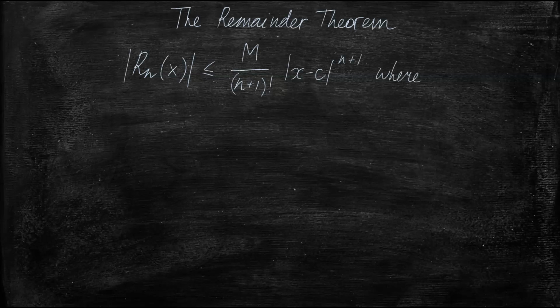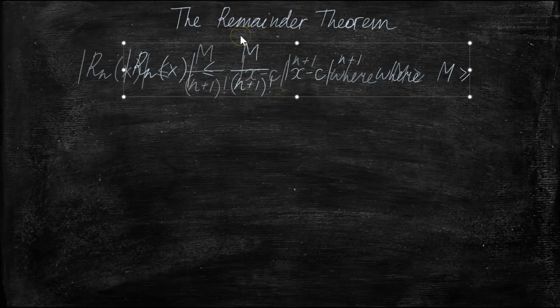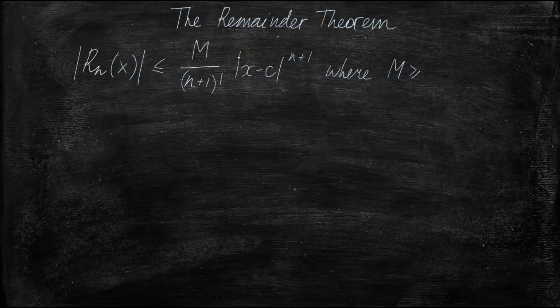where M is the upper bound of the n plus 1th derivative of the function on some interval.